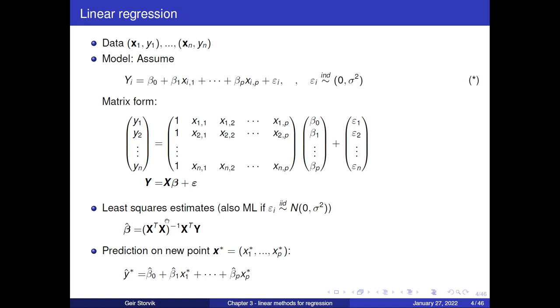Based on this, we can predict a new point at a new point x star by using y hat, inserting the estimates of beta into this. Note also that we in some sense predict epsilon to be 0, because we don't have any more information on that. So that will be the setting that we will consider.